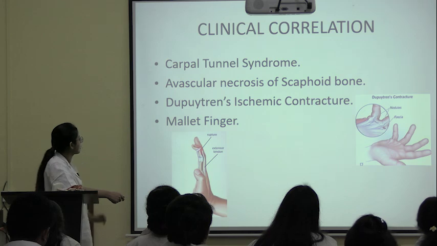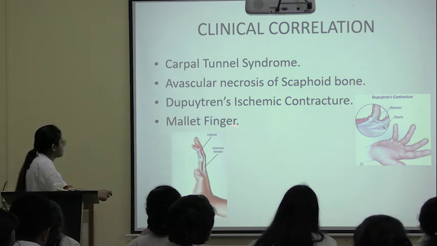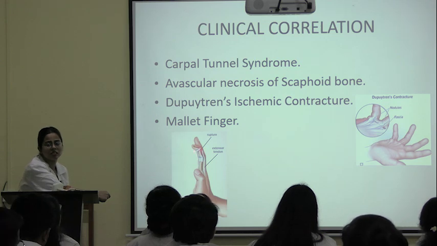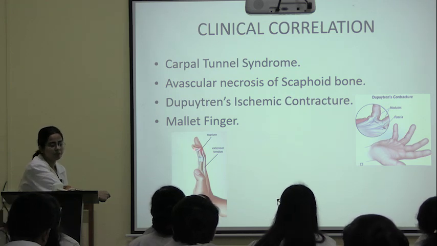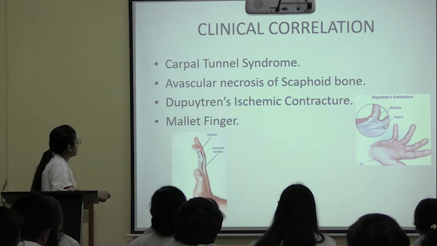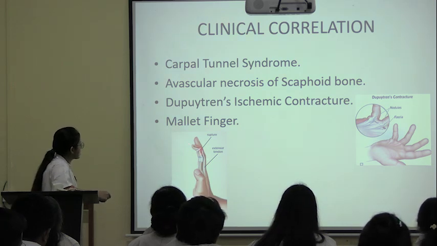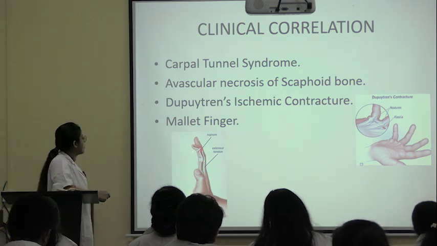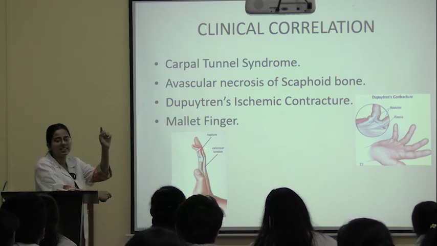And what is a mallet finger? This is which phalanx? The extensor tendon, as you can see, gets avulsed or detached, so the person will not be able to extend the finger.